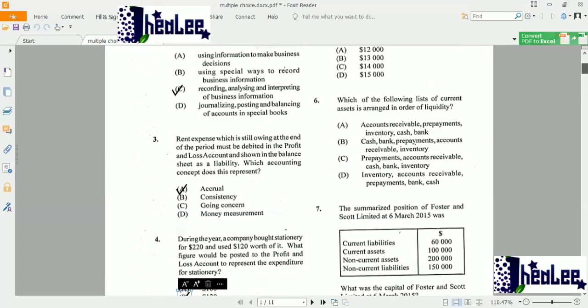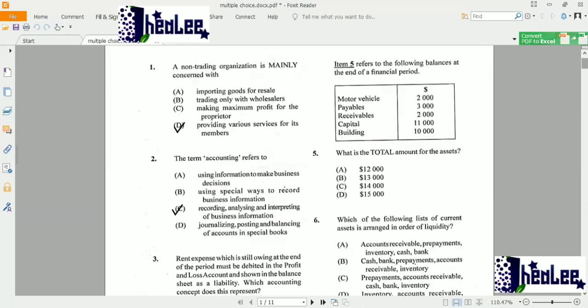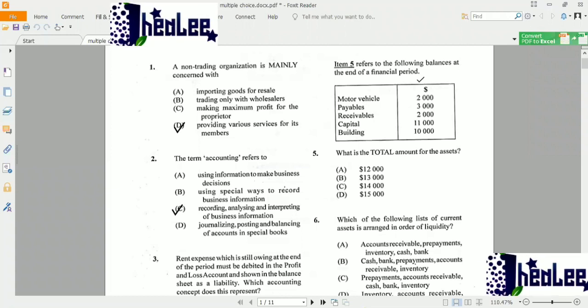Good, good? I like to get feedback. Yes, I'm like that. All right. Now, item 5 refers to the following balances at the end of the financial period. And remember, you need, yes?